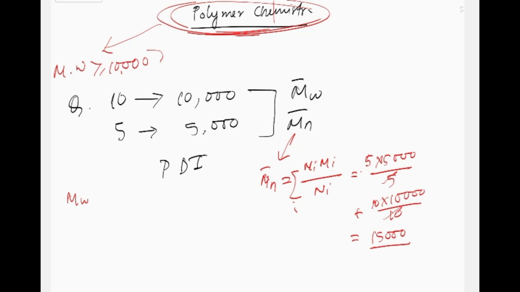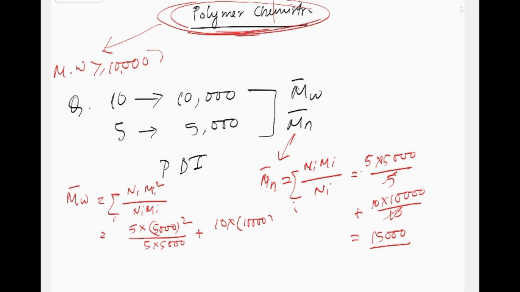Now let us calculate Mw also. So Mw is summation Ni Mi square divided by summation Ni Mi. This calculation is quite a bit of a lengthy process. So 5 into 5,000 squared plus 10 into 10,000 squared, divided by 5 into 5,000 plus 10 into 10,000, right?